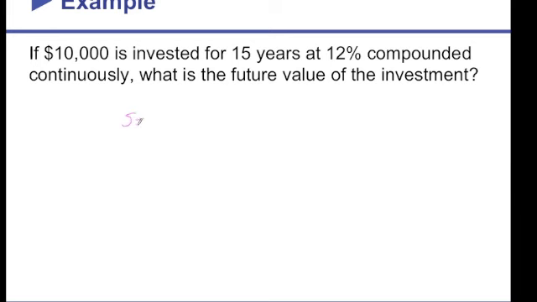So my S will equal the 10,000 principal that we start with, times e raised to the rt, so 0.12 times 15. And when I use my calculator, I find out that in 15 years, this investment has grown to $60,496.47.